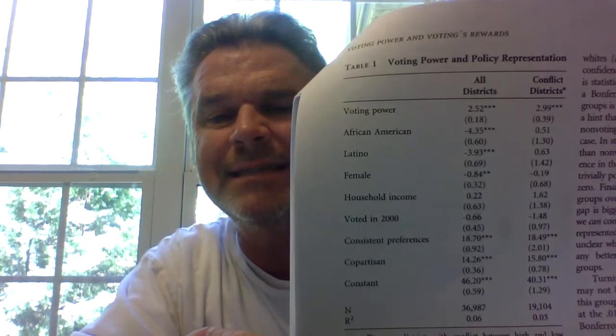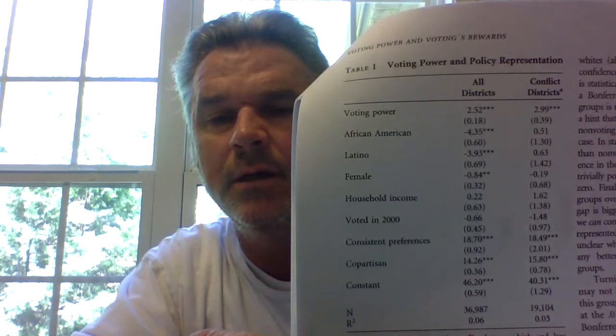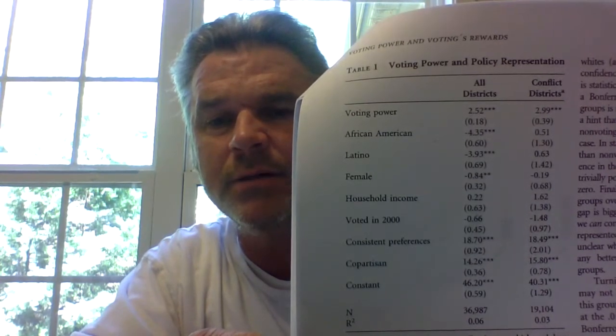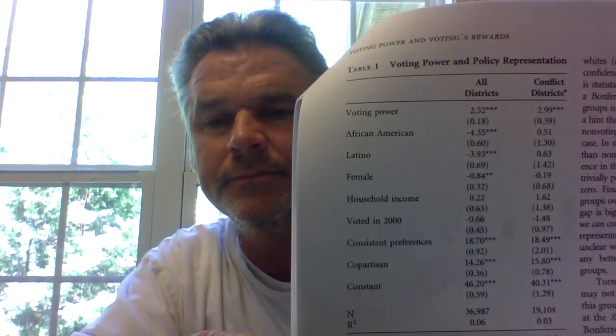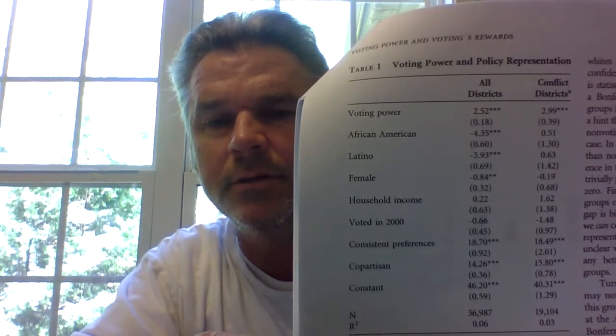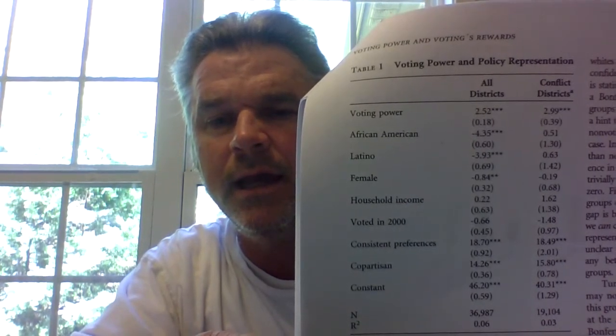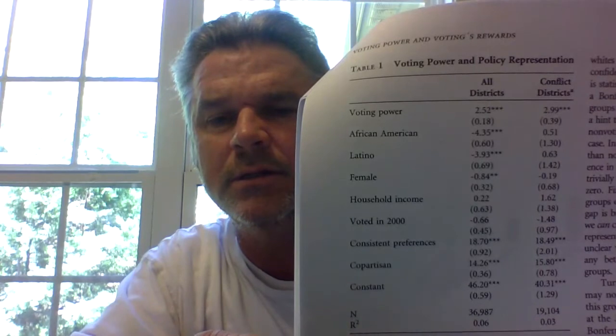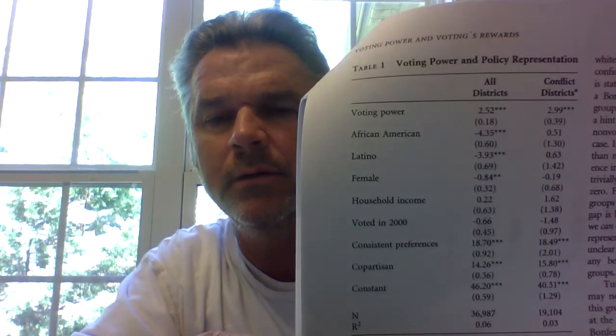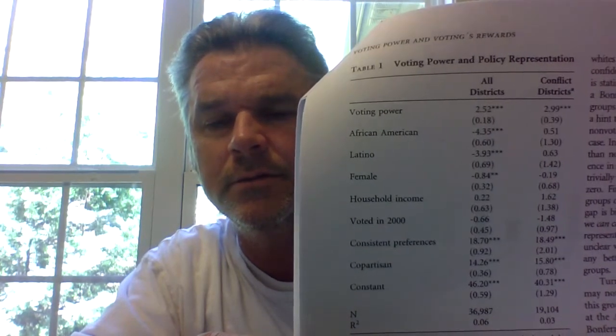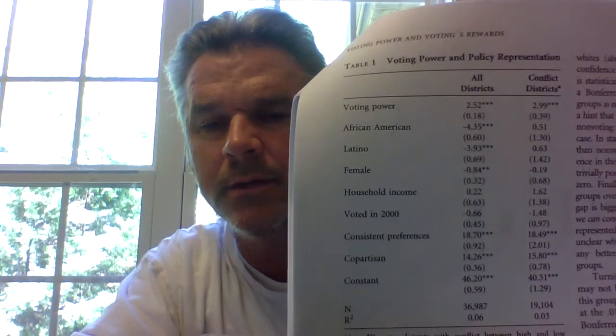Next, if you have consistent preferences, what effect does that have on policy representation? Increases. And you're co-partisan, you don't consistently vote for one party or the other. Positive, increases policy representation, absolutely.